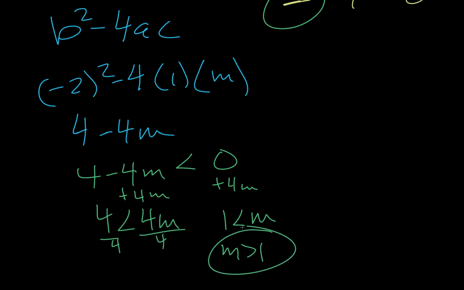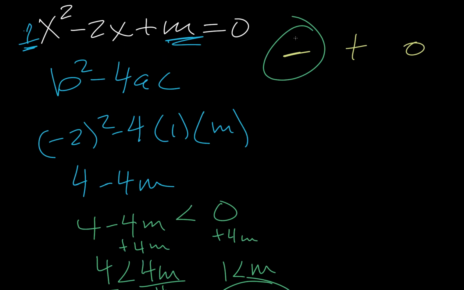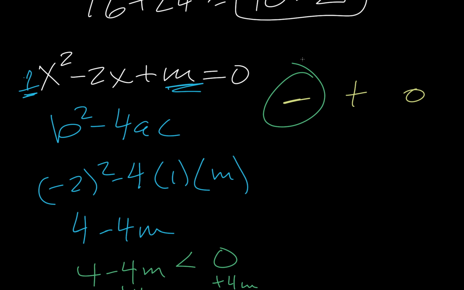So essentially, for the negative case, which this actually is part C. Sorry, I'm doing it a little bit out of order. But we're going to say that m has to be greater than 1 in order to create a negative discriminant, which means we have no real roots.